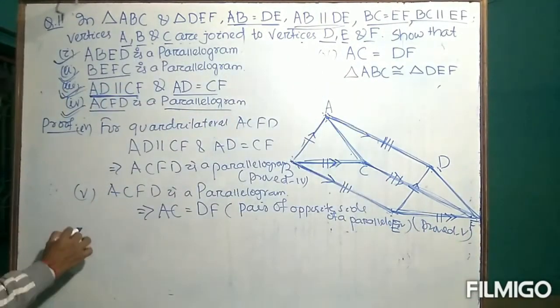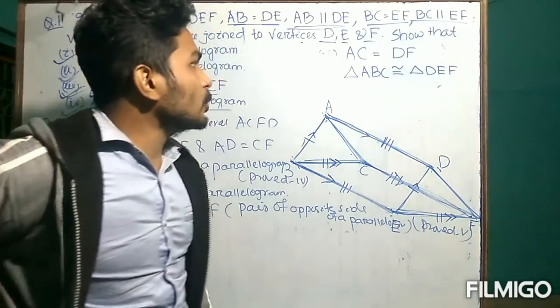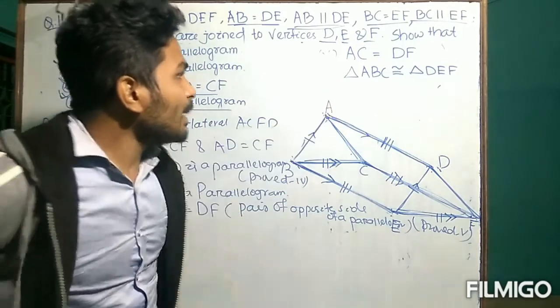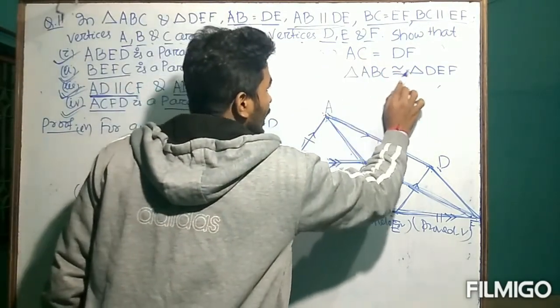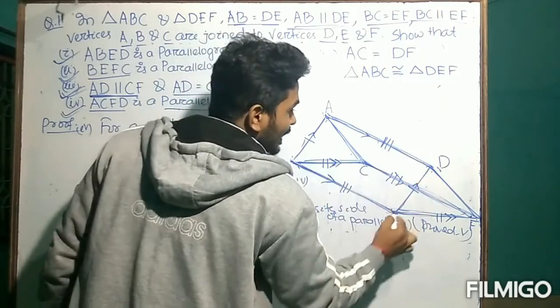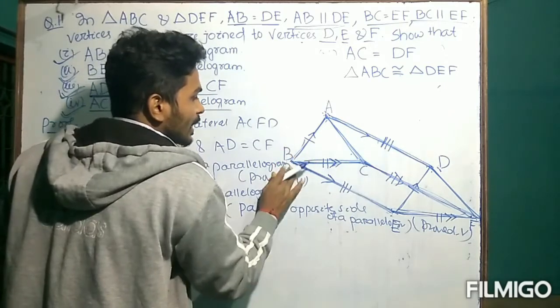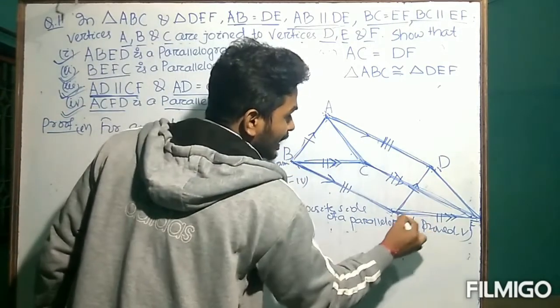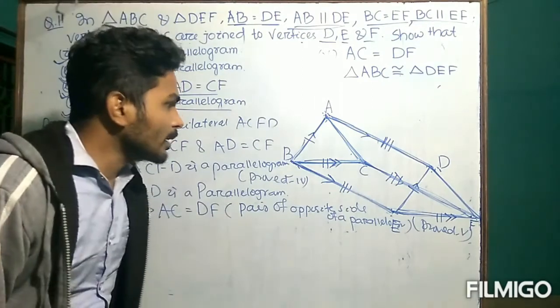Clear? Now coming to the last but not the least statement: to prove the triangle ABC is congruent to the triangle DEF. This is triangle ABC and triangle DEF, and we have to prove they are congruent, right?